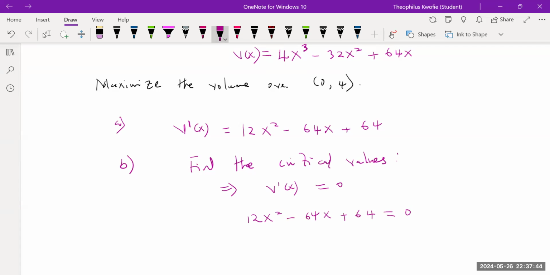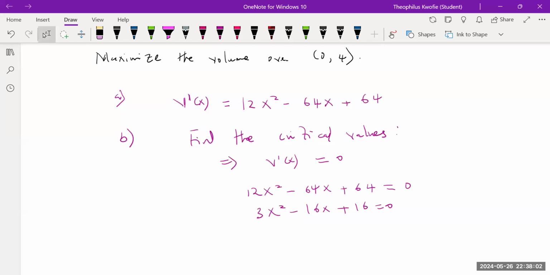So we can divide both sides by what? By 4. And by dividing each term by 4, you should have something as this. Is that okay?